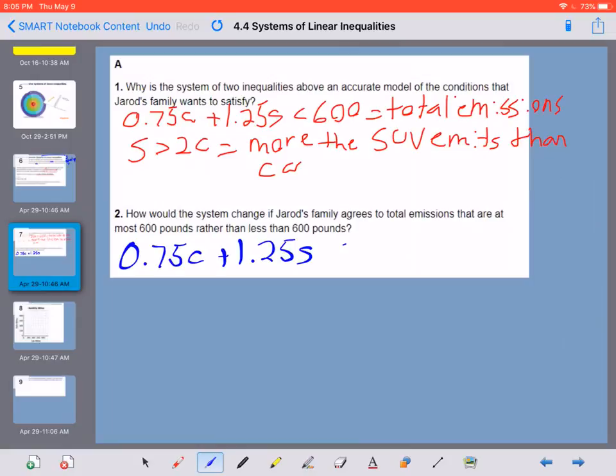So it would have to be less than or equal to 600. So that would change that inequality. This one probably wouldn't change at all. It could still be S is greater than 2C. So the only thing that it would change is that it could be equal to 600.